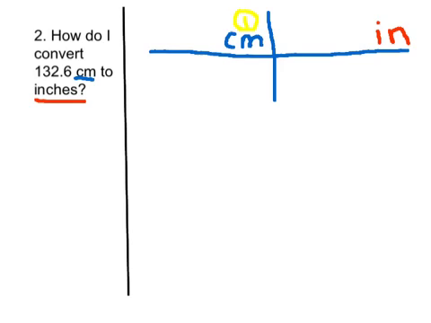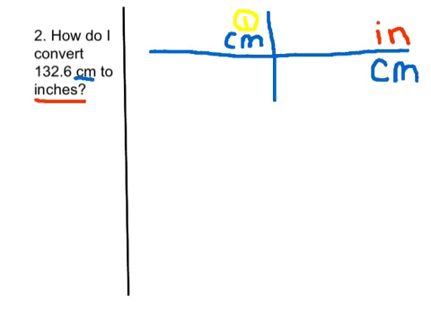All right. Now the third is to set up the bottom right side of the bridge with, again, the original unit because we need to cancel them. So the bottom of our bridge, because we have centimeters on the top left-hand side, we need centimeters also on the bottom right-hand side.